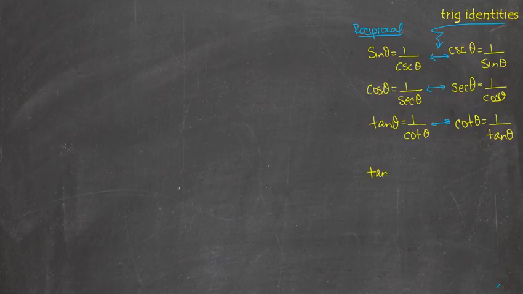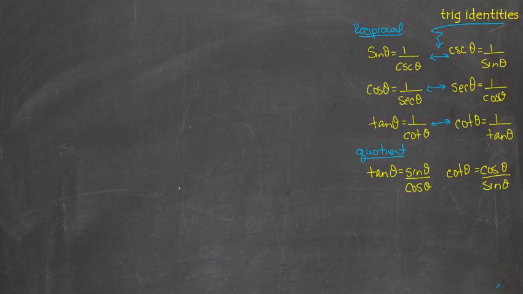You know that the tangent of theta is equal to sine theta over cosine theta, and the cotan of theta is equal to the cosine theta over sine theta. And these are called the quotient identities for obvious reasons.